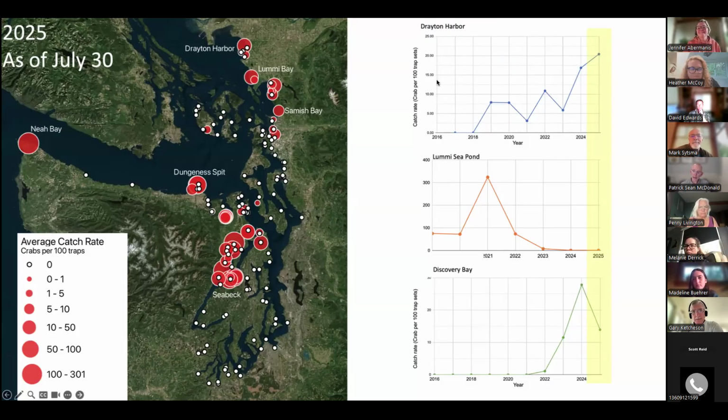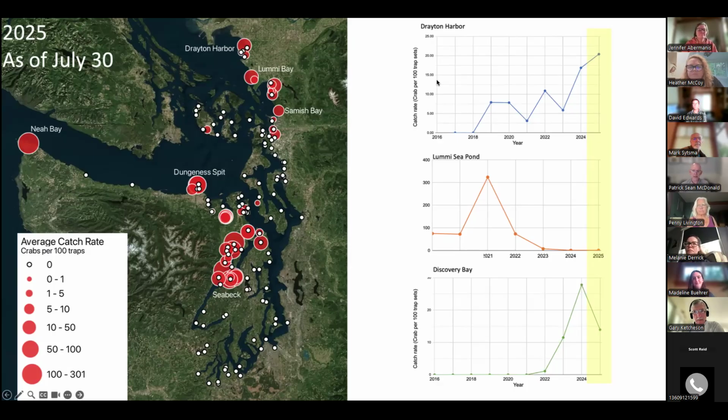Yeah, and so this is one of the situations, or I guess an important point. There's a couple things that we could say is going on here. One is that chances are the effort would need to be much higher to see a drop in numbers. But also the difference between Drayton Harbor and the Lummi Sea Pond is that the Drayton Harbor site is actually a fairly open site.